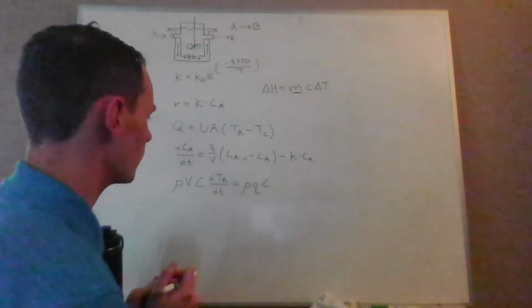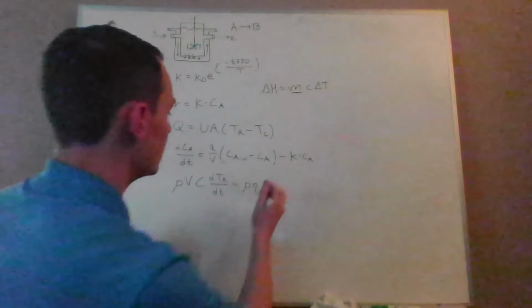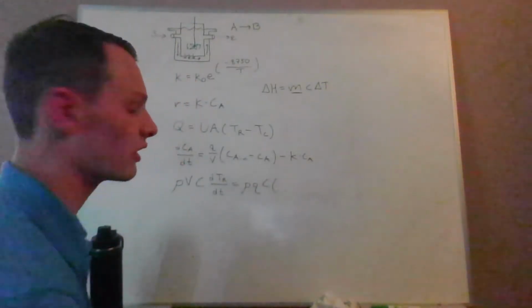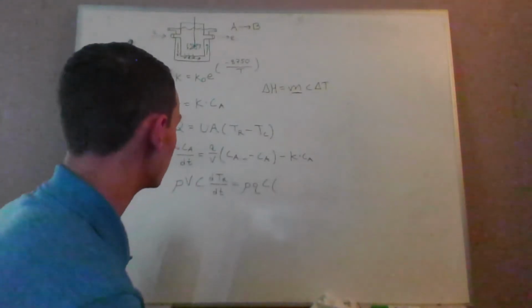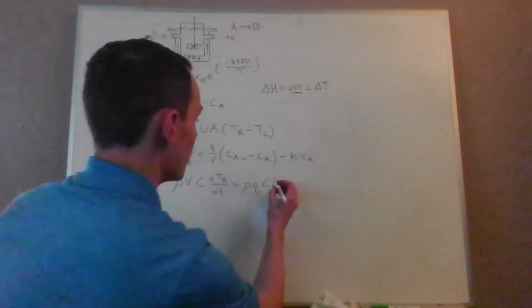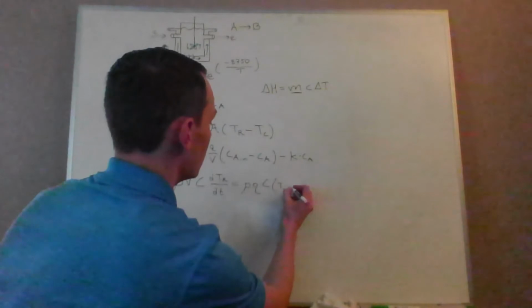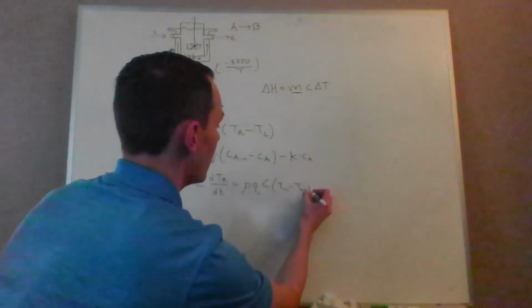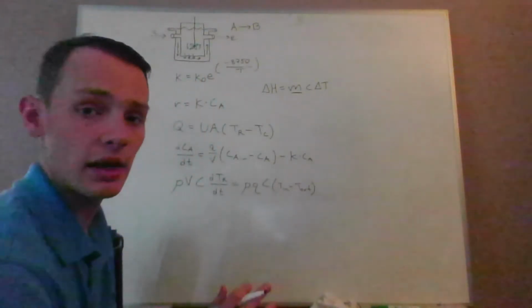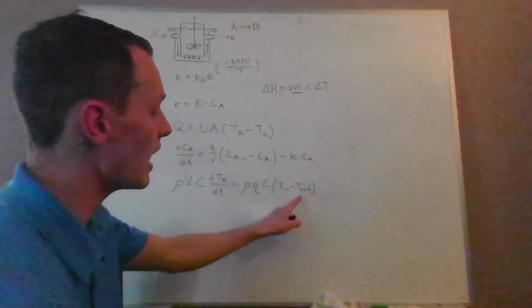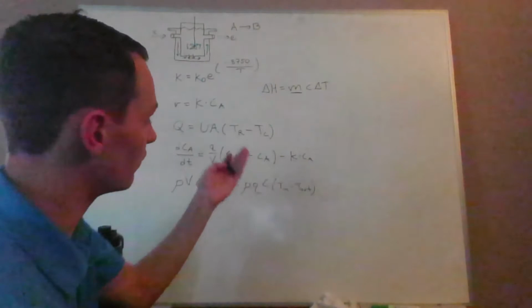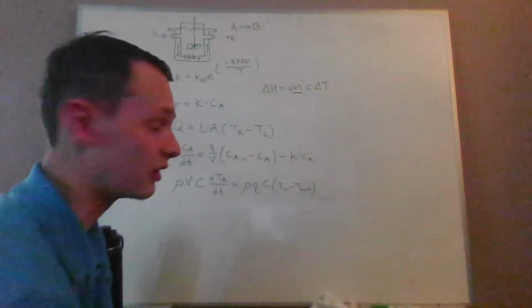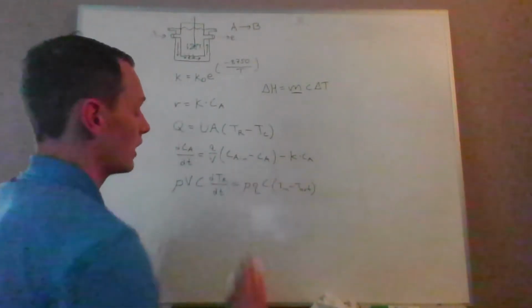And then, what do we need after that? Well, we need our Kelvins, right? We need our temperature difference here. And we already have our time with Q, so we don't have to worry about that. Well, we have some temperature going in and subtract it from some temperature going out. Hopefully you know what comment I'm about to make. This temperature going out is the same as the temperature that's already in our reactor. It's the same comment I made about the concentration of A right here, okay?